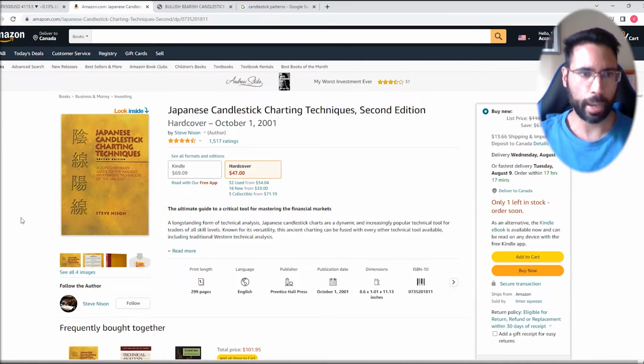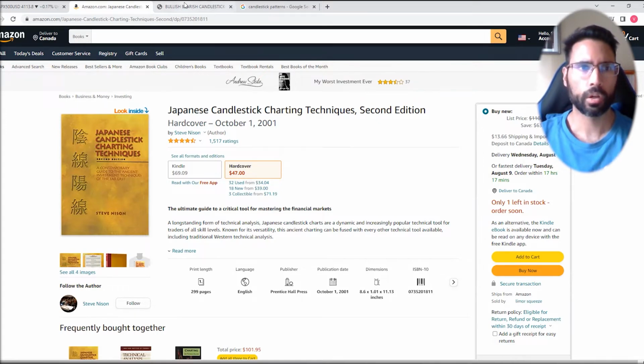The book is Japanese Candlestick Charting Techniques by Steve Nison. It came out in 2001, the ultimate guide to a critical tool for mastering the financial markets. It really brought this method to the West and has been quite popular ever since. So if you want to be a student of technical trading and candlesticks, this is the book that I would recommend.